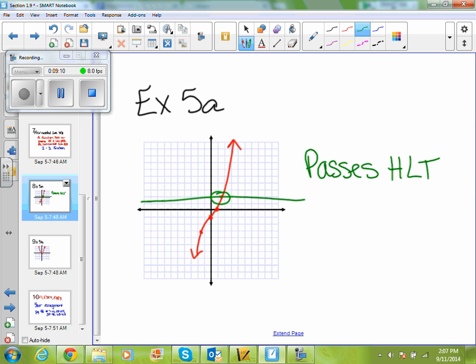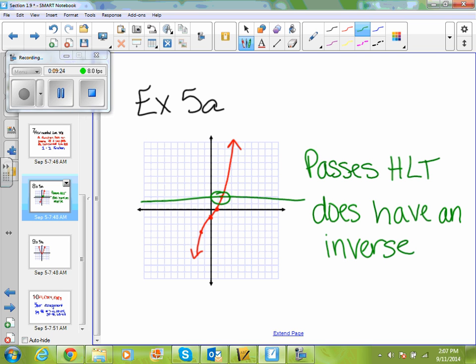Since it only passes once, it passes the horizontal line test. So this does have an inverse, because it's a one-to-one function.